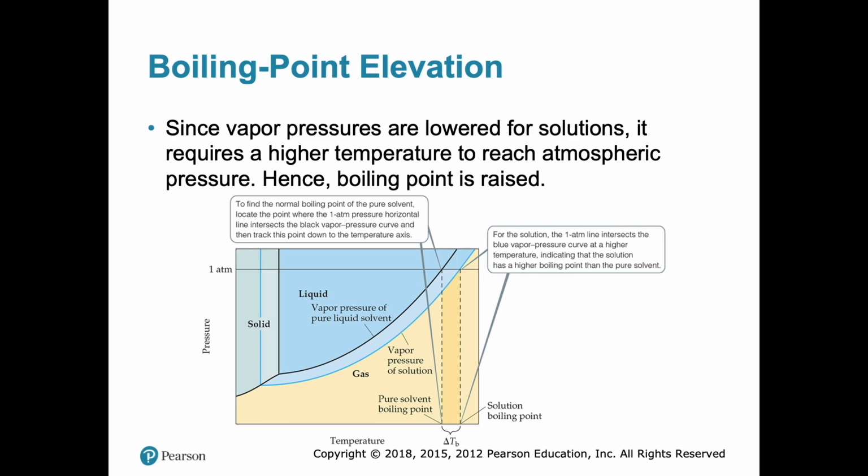Say it's water, right? But when you add in a solute like salt, everything changes. Now we have the solution point moving over. It's no longer here. Say that was 100 degrees right there for water.